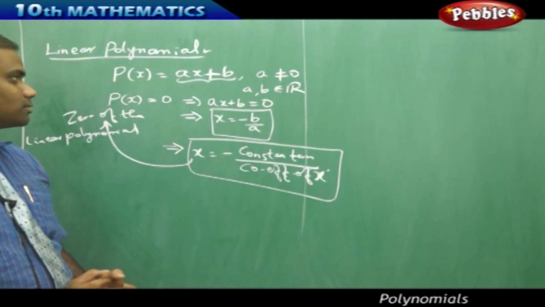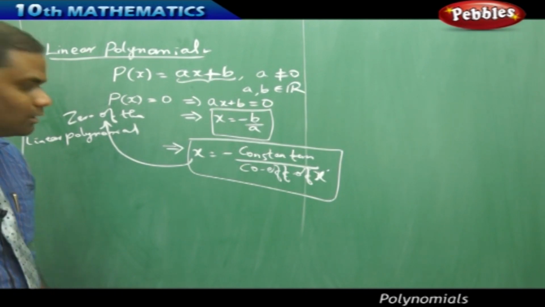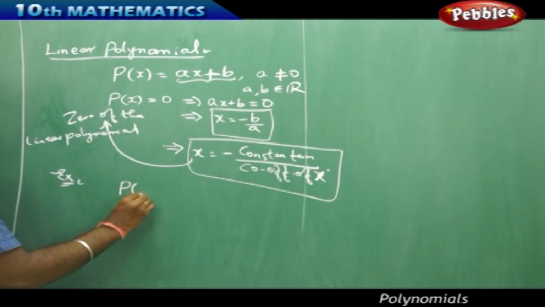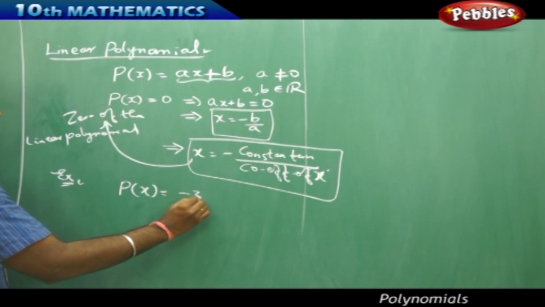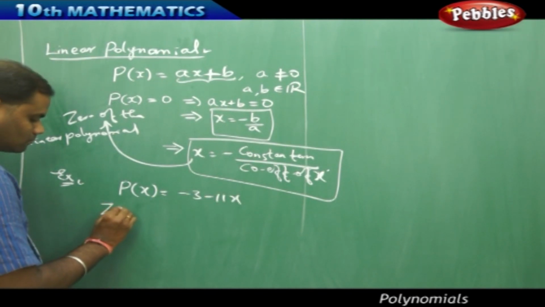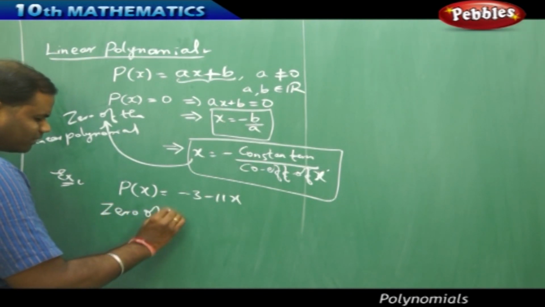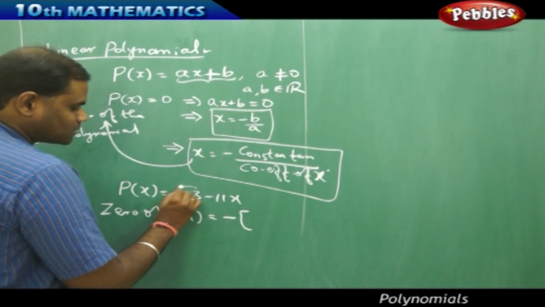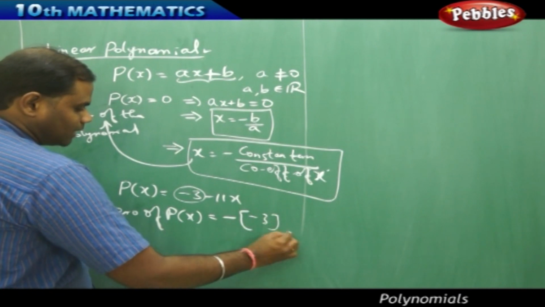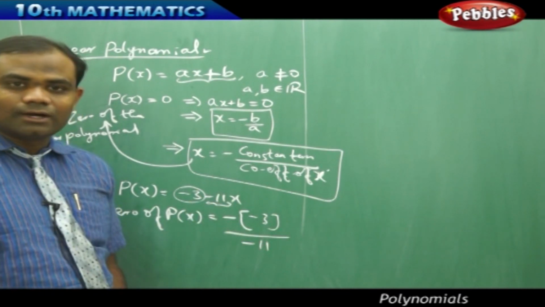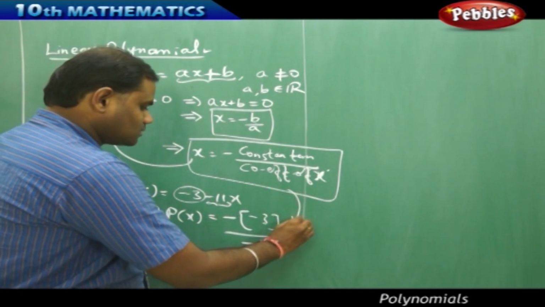Now before we go into this directly, if I wanted to take an example to support this statement, say for example I have a linear polynomial minus 3 minus 11x, then my zero of p of x is directly given as negative times the constant term by the coefficient of x, which is negative 11, using this formula.